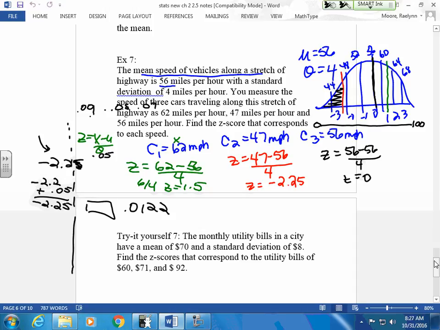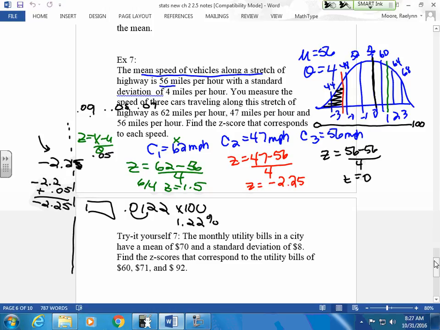Did everybody find this? Yes? So if I take this decimal and multiply it by 100, that means I'm at the 1.22 percentile. That means I'm not a whole lot larger than a lot of the ones before it. Right? That means I'm pretty low on this.